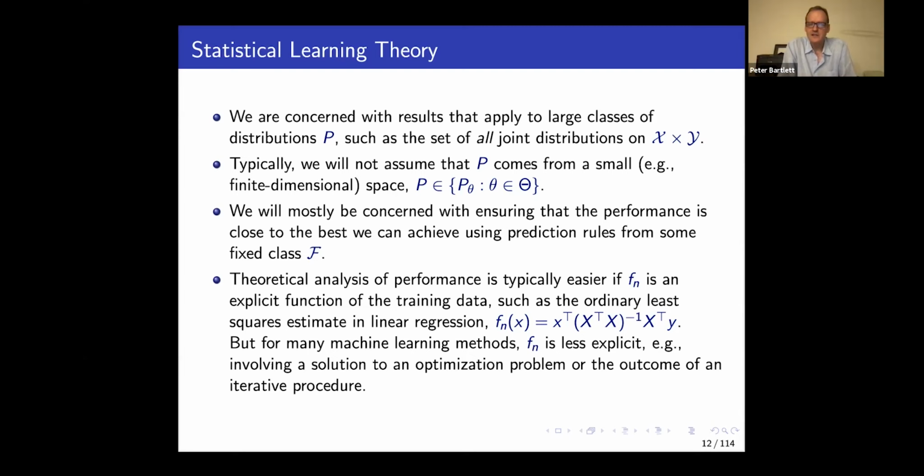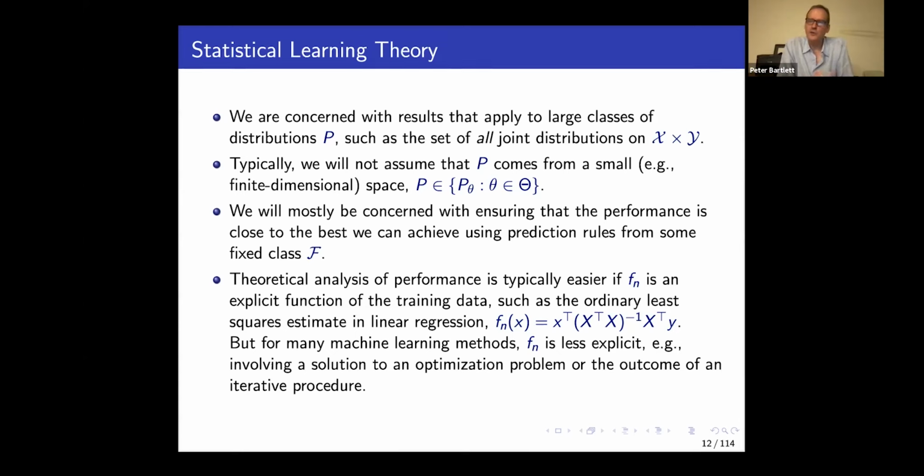That's the case, for instance, for linear regression. I've written it down here when we've got a data matrix X and a vector of outcomes Y, and we're interested in an ordinary least squares estimate. We can write down explicitly in terms of that data what this function is going to look like for any subsequent x. And that makes the analysis a lot simpler, and we'll see examples of that later on.